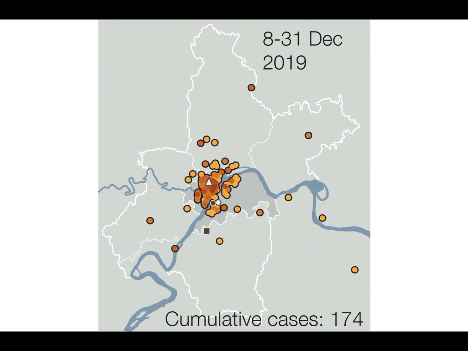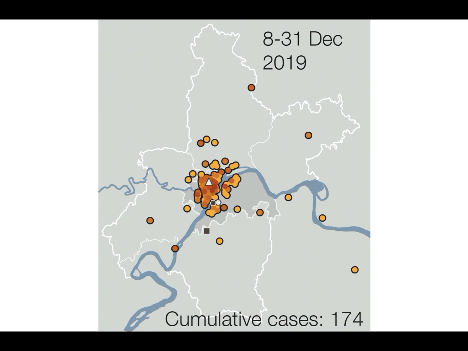And then by the end of December, again, a doubling within a week of the number of cases of the COVID-19 virus.